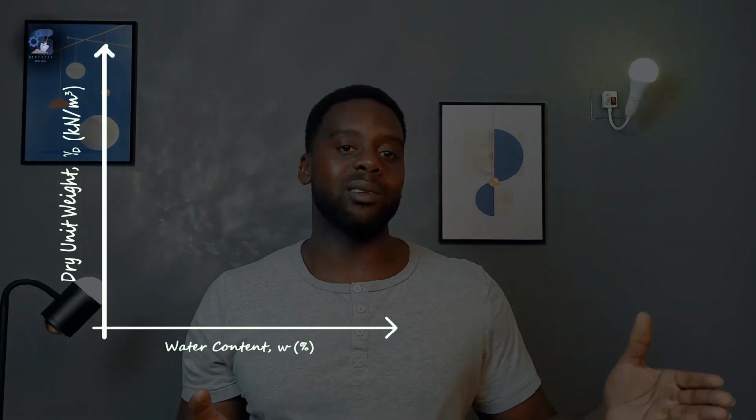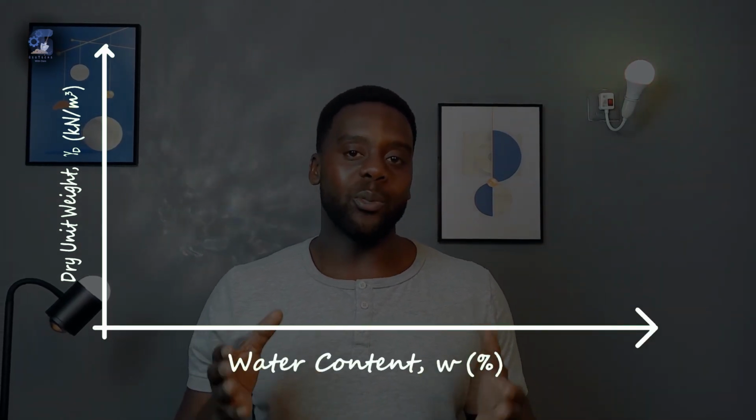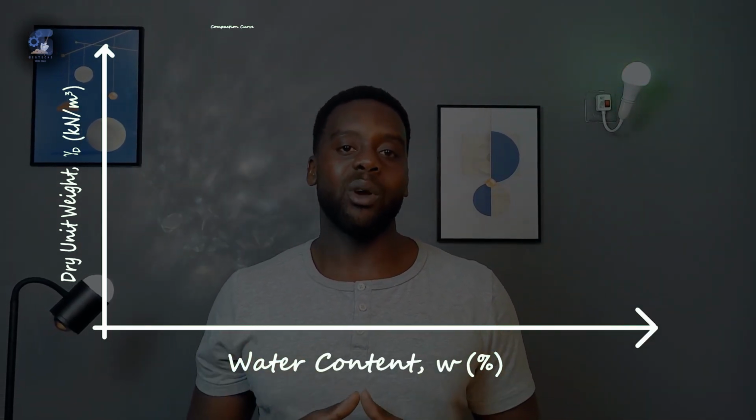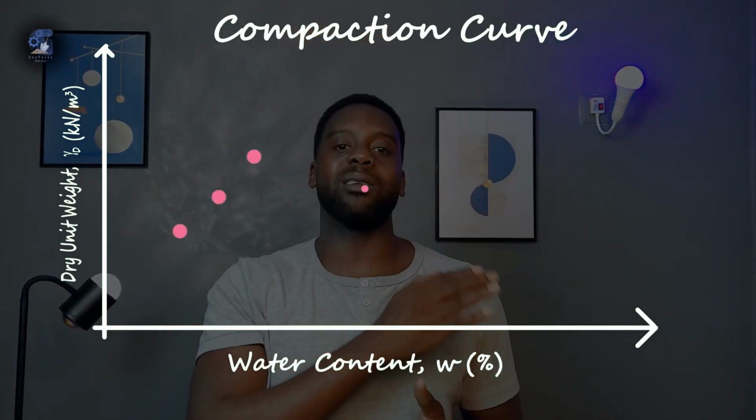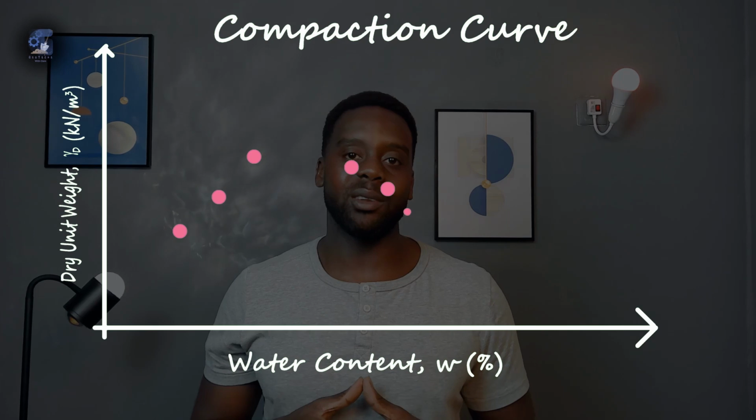In a standard laboratory test, the highest level of compaction that can be achieved by a particular soil is determined by compacting several specimens at different water contents. The dry unit weight versus the water content can now be plotted to produce a compaction curve, with each point representing a specimen compacted at a different specific water content.